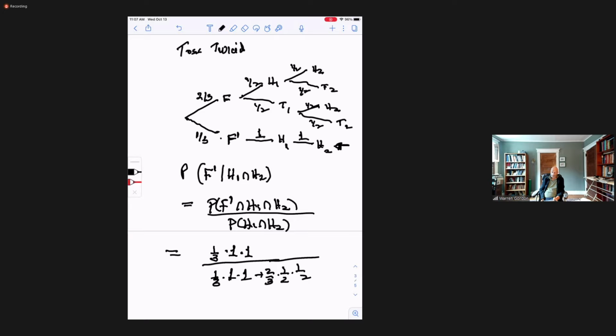And that gives me my answer. Let's do some arithmetic. This looks like it's pretty simple to do that. Check my arithmetic. I did that quickly. Okay. So it was a little bit more complicated. The tree was a little bit more involved, but we got our answer.